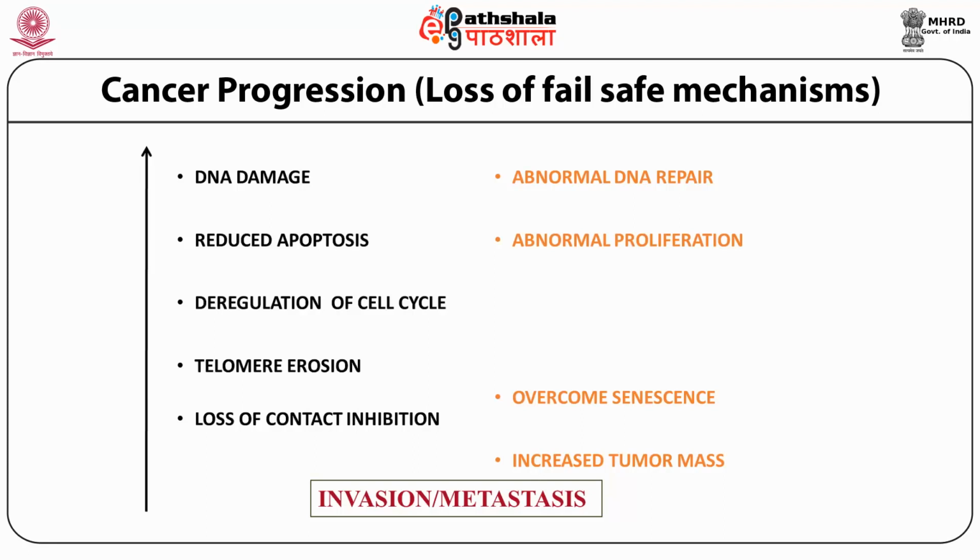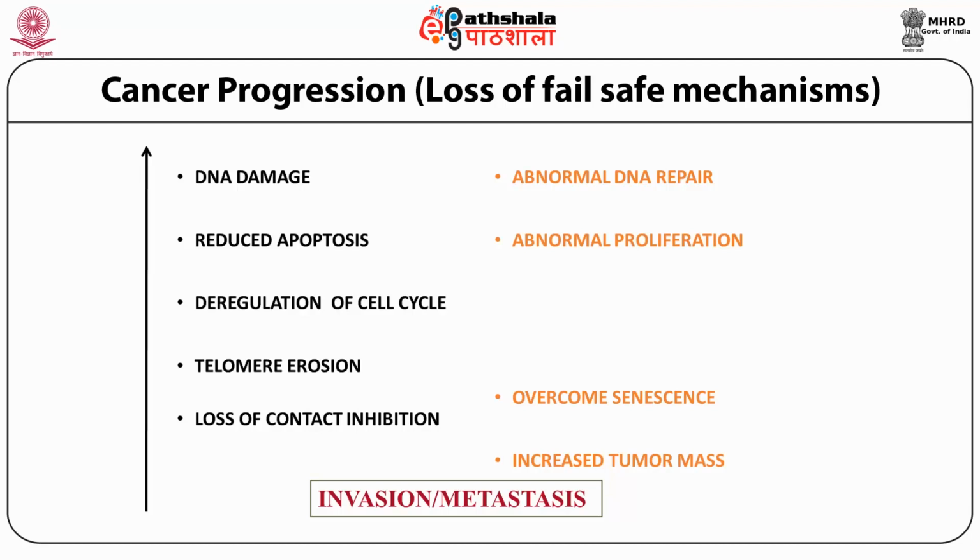Yet another fail-safe mechanism is to prevent the telomerase activation. And when telomere shortens, it leads to aging or the process of cellular senescence. However, during cancer, the cancerous cells overcome the process of senescence and hence regain a more youthful-like phenotype because of increased telomerase activity.